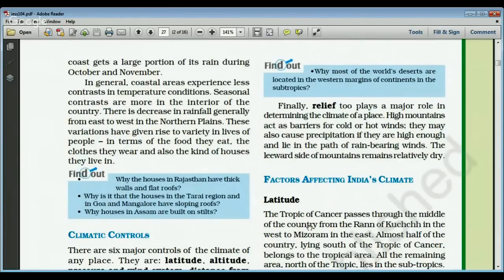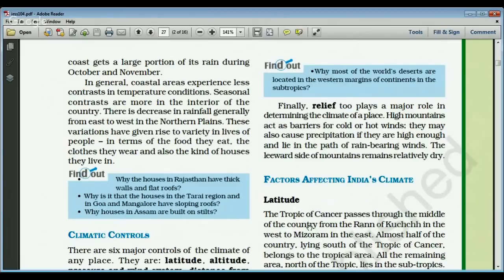High mountains act as a barrier for the cold and hot winds, and they may also cause precipitation if they are high enough and lie in the path of rain-bearing winds. For example, whenever the southwest wind, that is the monsoon wind, tries to enter India, first of all it will hit the Kerala coast, and then it will move towards the Western Ghats.